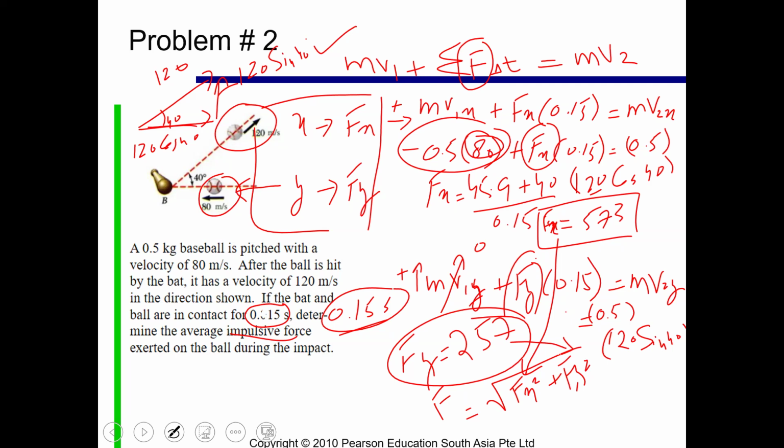If you know Fx and Fy, you can also calculate the angle theta out of it. Same vectorial calculation that you have done previously in chapter number 2. So students, technically speaking, this is the idea of how you implement the principle of linear impulse and momentum. Does that make sense to you?